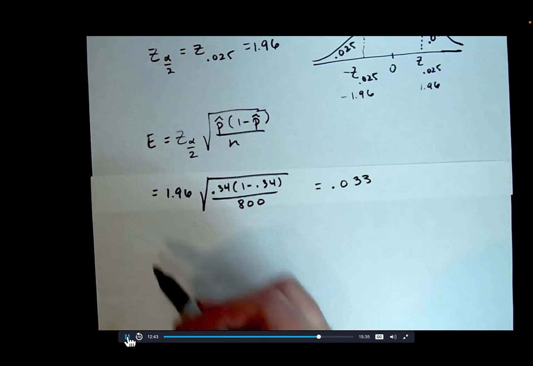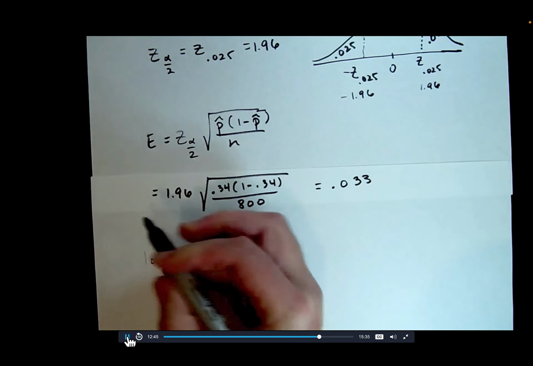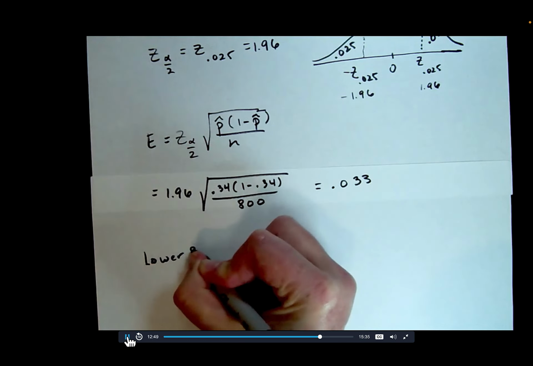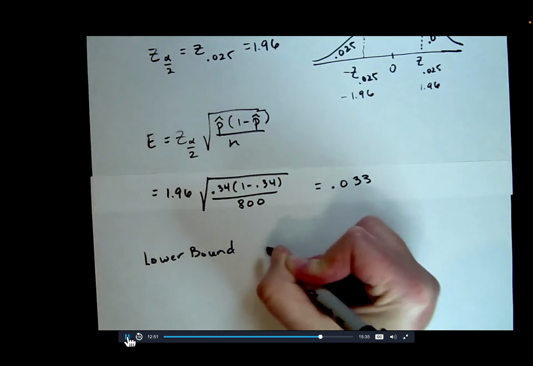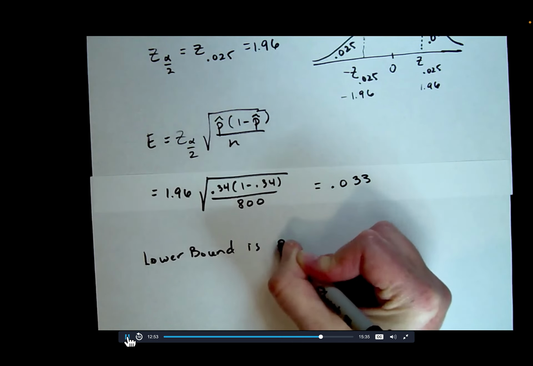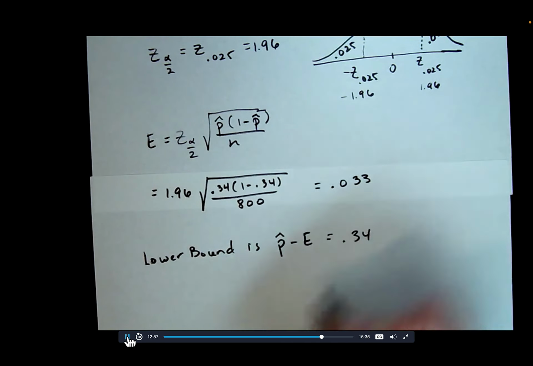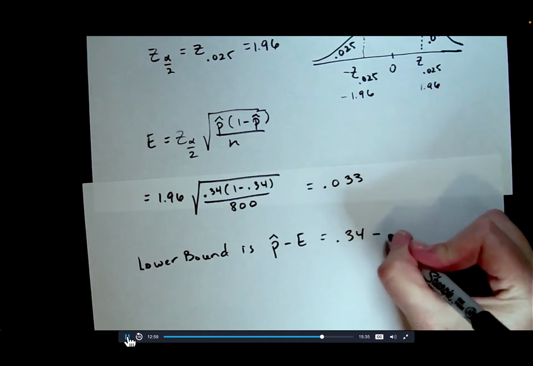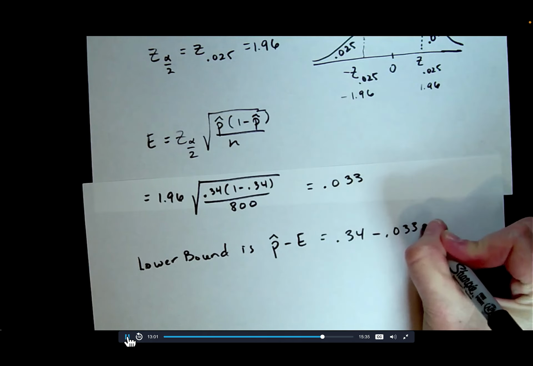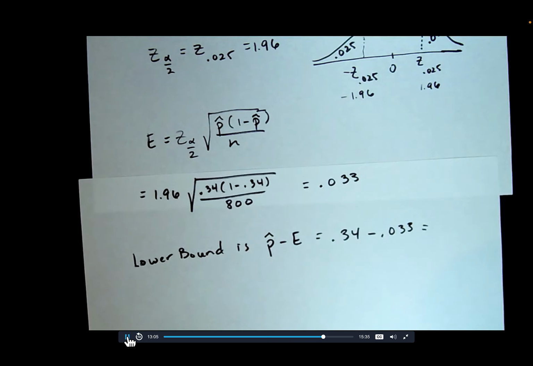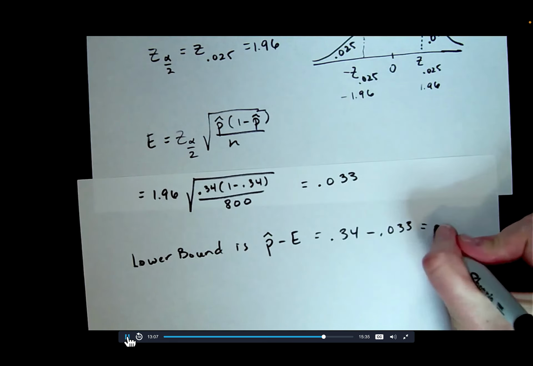Okay, so for our confidence interval now, the lower bound, remember the lower bound is the point estimate minus the margin of error. So that's our 0.34 minus 0.033, which works out to be 0.307.